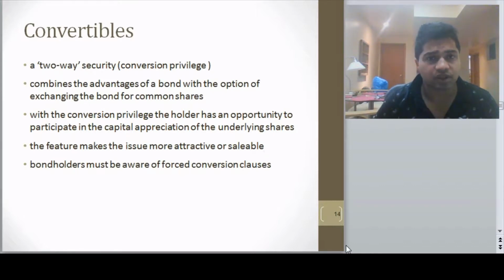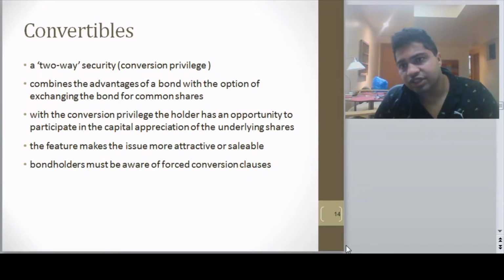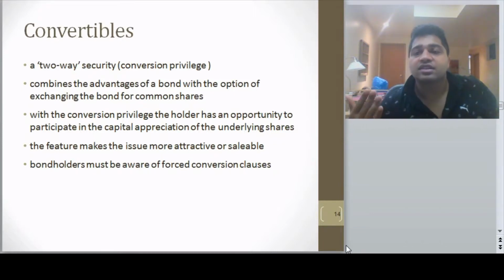The next is convertibles. It's a two-way security, or a convertible pledge, that combines the advantage. Convertible means you can exchange your debt for equity. So I am buying a convertible debenture or a convertible bond. After a certain time, I can exchange my debt for equity.